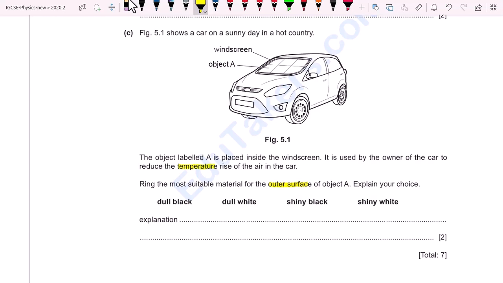As we know that the black color is the best absorber and shiny black or dull black, they both absorb the radiation. That's why we skip these two. White color is the best reflector and there are two colors, dull white and shiny white, but shiny white is the best reflector. That's why I write shiny white. And we have to explain the reason: because it is a better reflector.